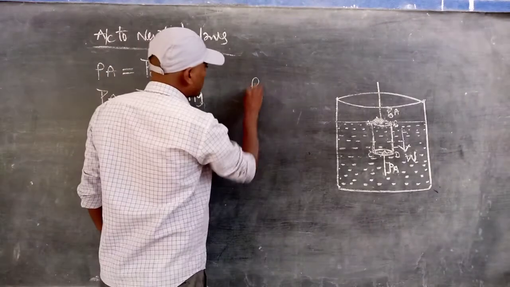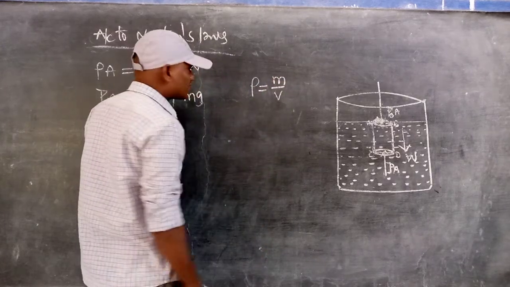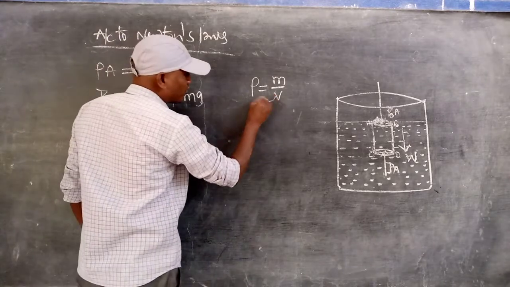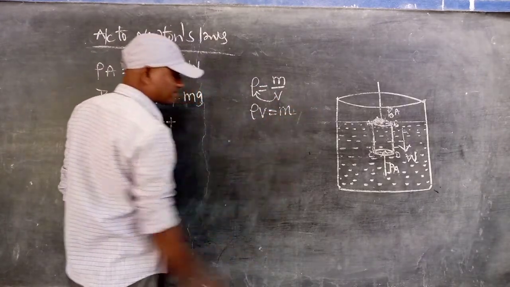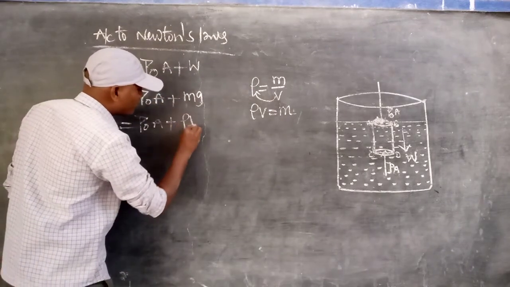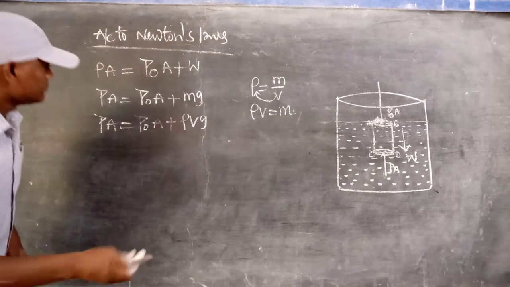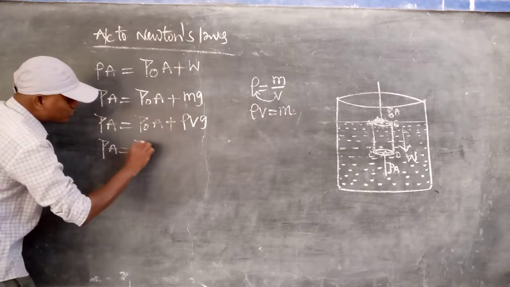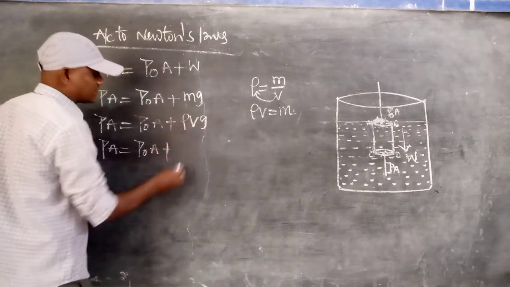We know very clearly rho equals mass upon volume. So V is transferred to this side, rho V is equal to mass. That's why we can write rho V g in the place of mass. So then PA is equal to P naught A plus rho Vg.